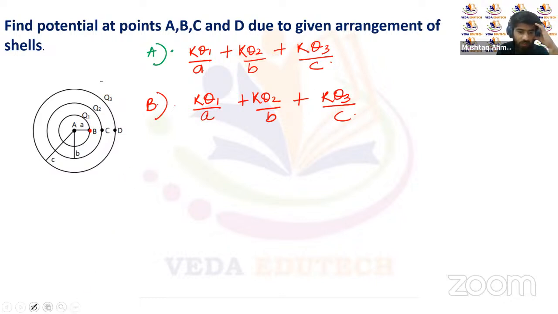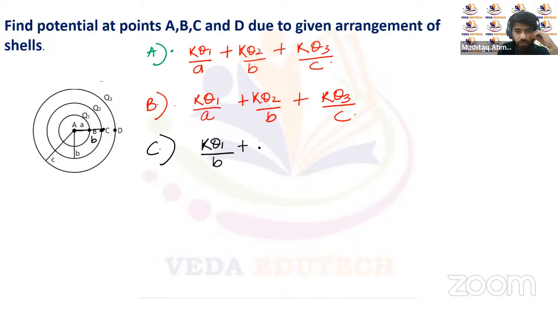Now let's talk about the point C. For the sphere of radius A, the point C lies outside the sphere. The potential because of this Q1 charge will be KQ1 upon the distance, which is B. It will be KQ1 upon B because of the charge Q1.